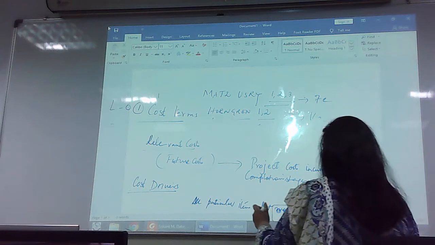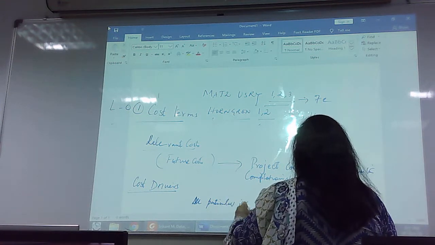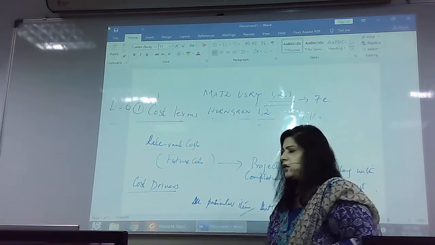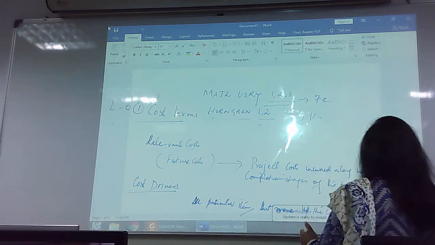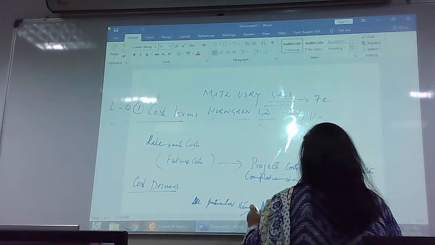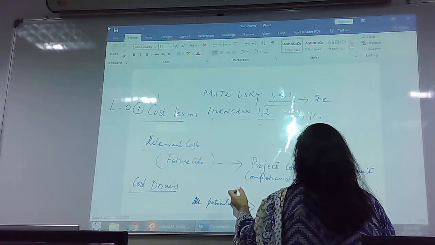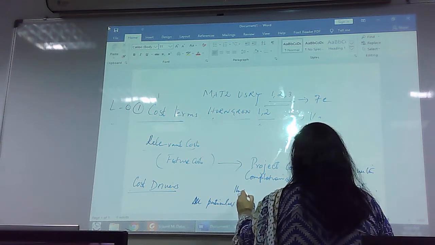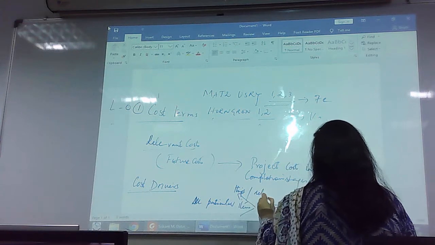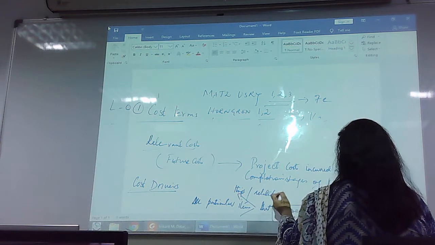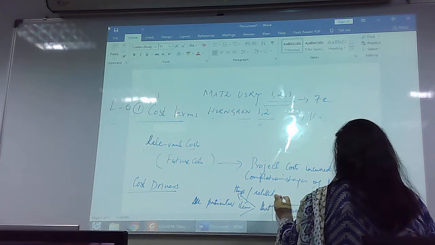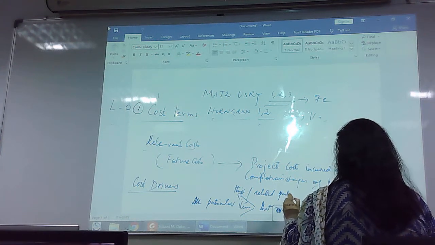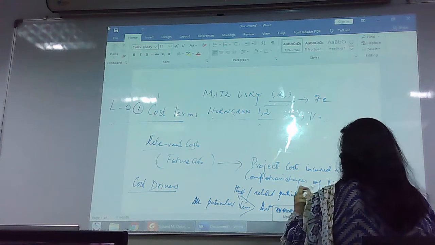These are the things that basically push the cost up. So you can just say all particular items that move up the cost, or things that are related particulars of a cost project.